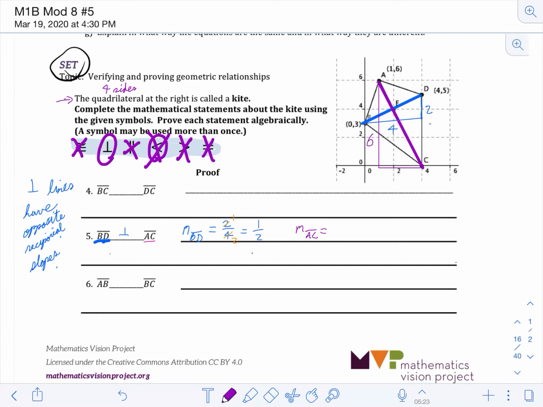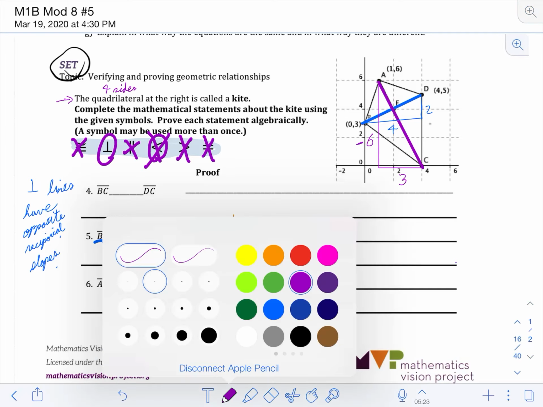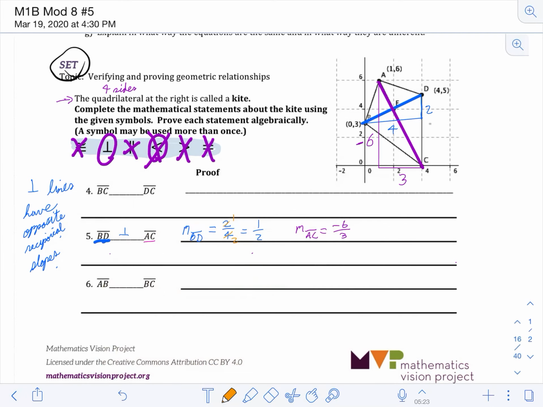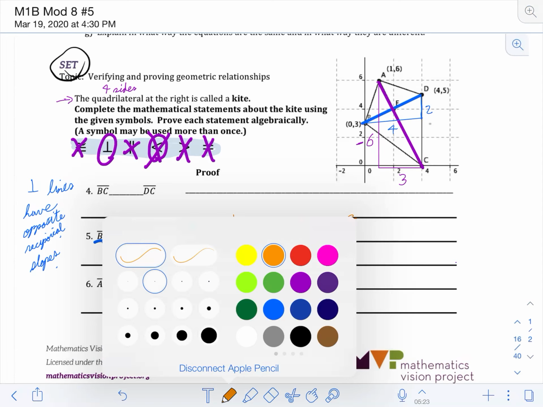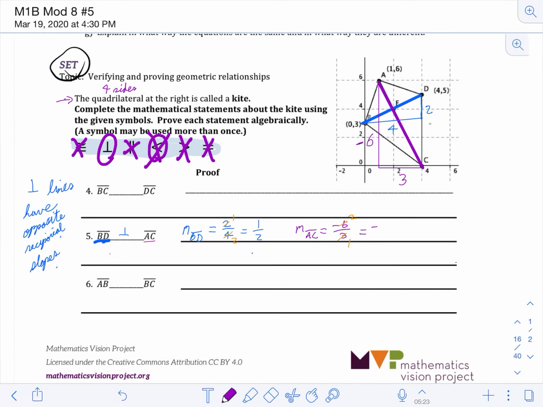It goes down 6. Because we're going down, we include a negative, which means to go down on our grid. And it also goes over 3. So our slope is negative 6 over 3. Both are divisible by 3. 6 divided by 3 is 2, and 3 divided by 3 is 1, so this simplifies down to negative 2 over 1.